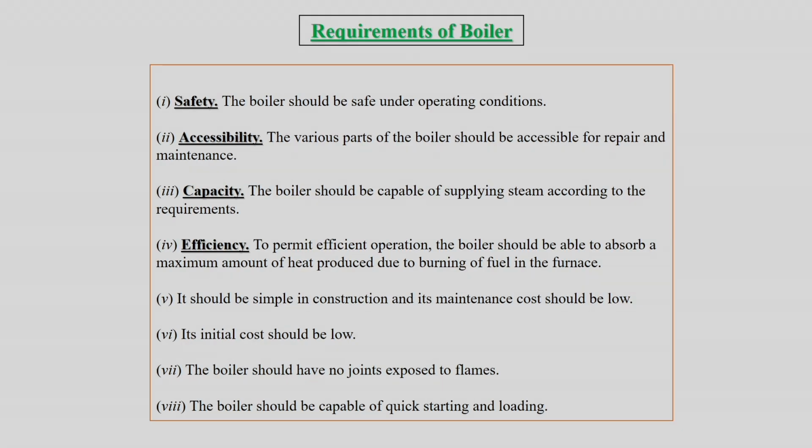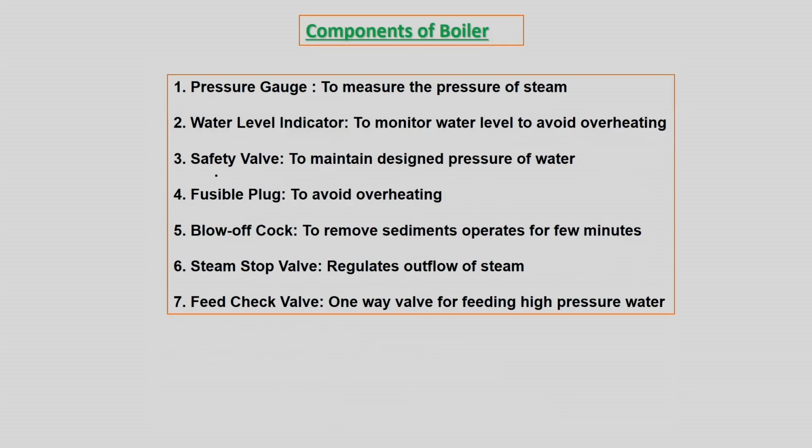Construction of the boiler should be simple such that its initial cost is low, and the boiler should have no joints exposed to the flames. The boiler should be capable of quick starting and loading. So these are some requirements of the boiler.